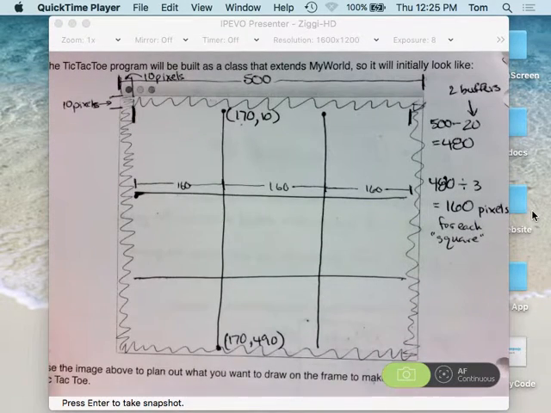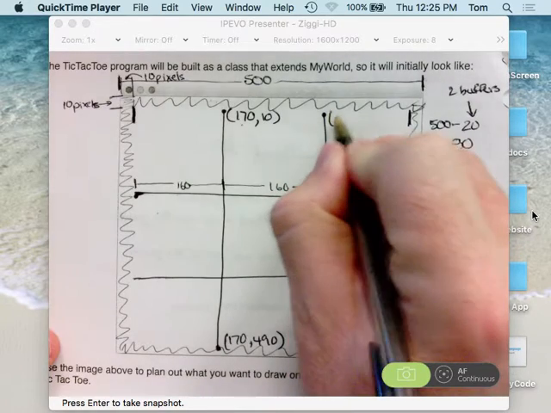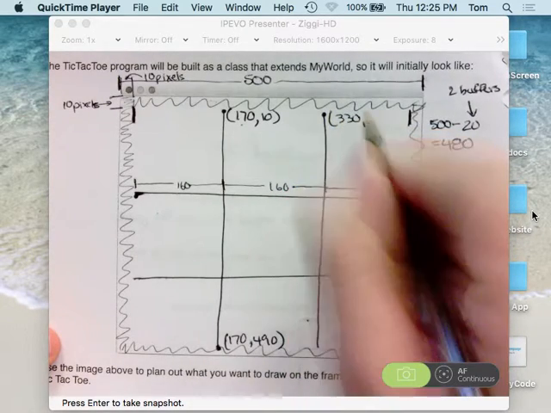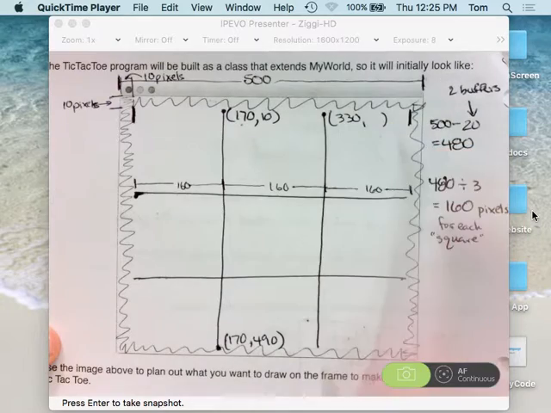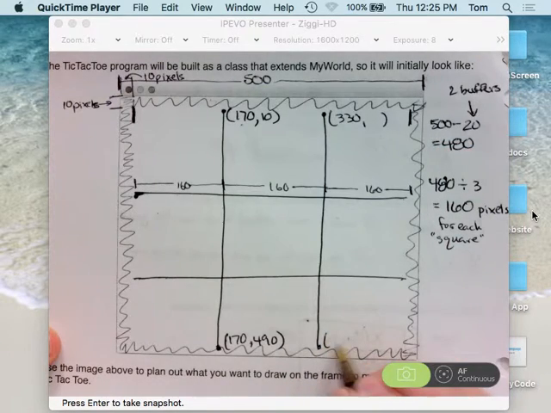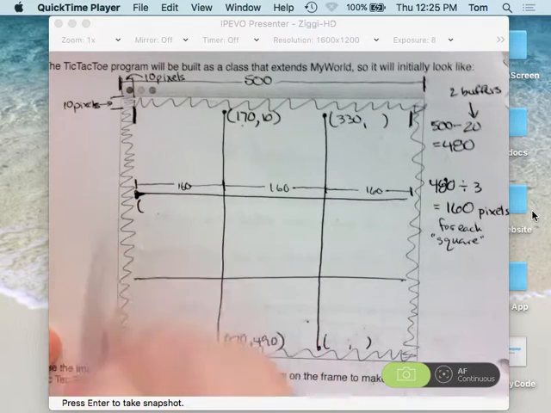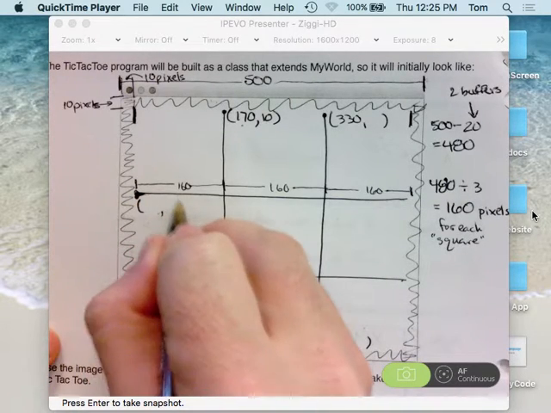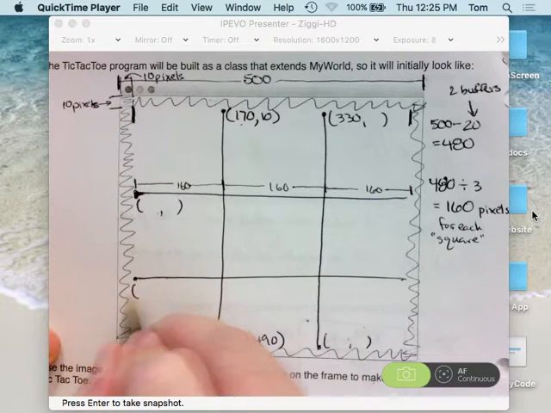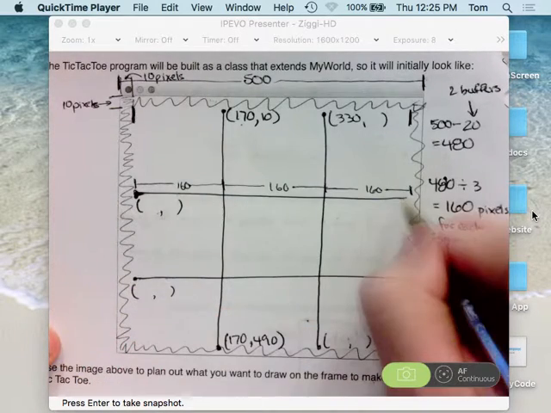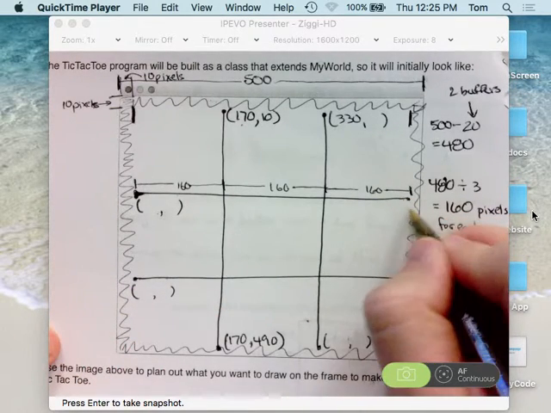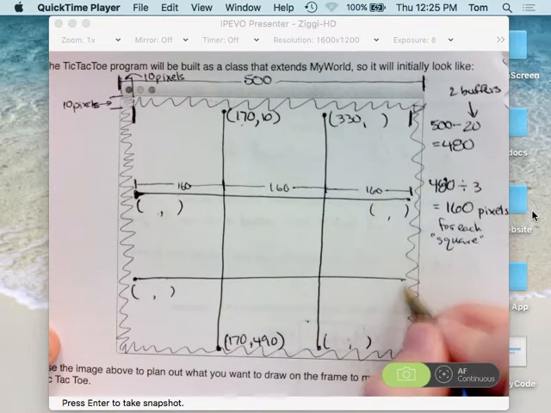Good. So what is that? 330. Okay? And what I want you to be able to do is fill in all of these coordinates so that when we get to programming this, you just have to fill in the appropriate coordinates for each point that makes up each line. Okay? So we want to be able to do that.